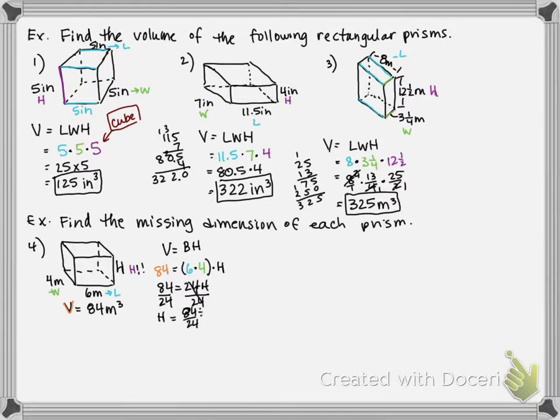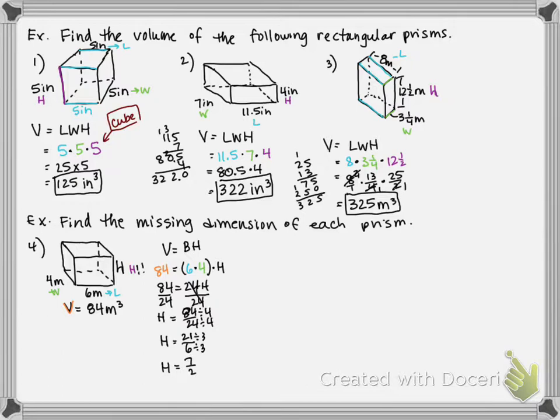Now I notice that these two both have a 4 in common. And 4 goes into 84 21 times and into 24 6 times. And then I go, oh, look at that. They both have a 3 in common. Some of you might have said, I saw that they both had a 12. And you'd be right.